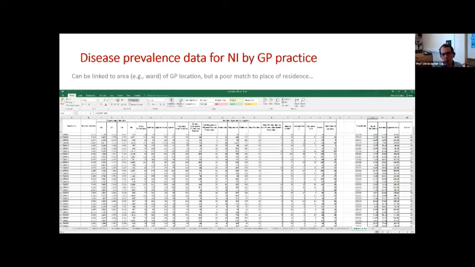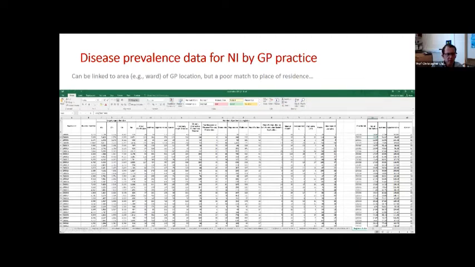So this is just an example of some of the data. These are disease prevalence data for Northern Ireland by GP practice. We've got a practice ID in column A, practice list size, and then population breakdowns by age. And then we've got the number of patients on the register, and included among those is dementia. And you can see, if you can see the tabs along the bottom, we've got these data for various years.